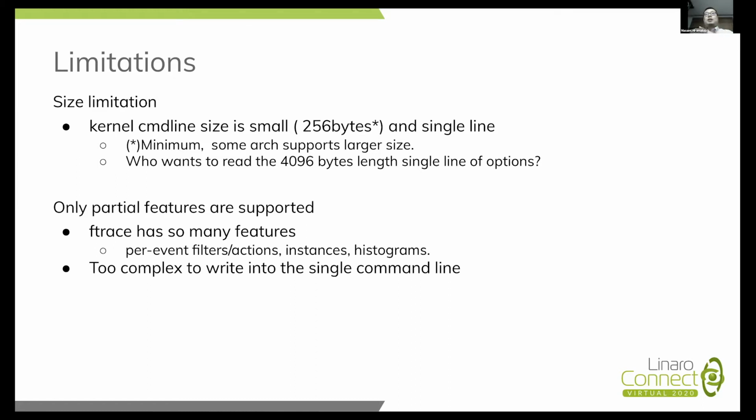Some architectures support something like 4 kilobytes for the kernel command line, but who wants to read a 4 kilobyte single line of options? It's very hard to read complicated options. And the current options only support partial features of ftrace.